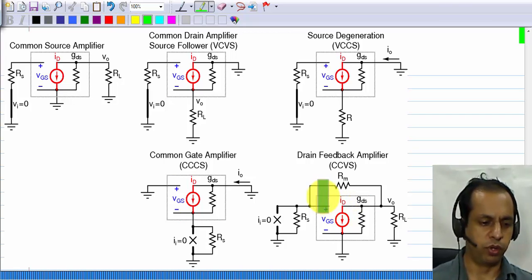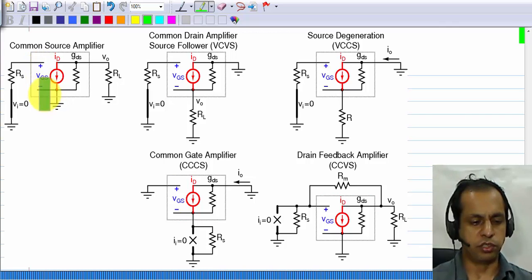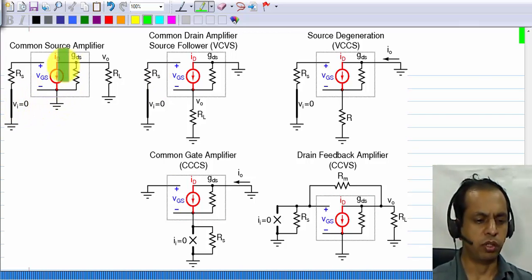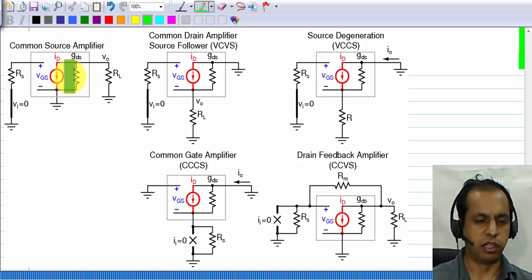So what you do is the following. In these circuits you find VGS. If VGS is not 0, remember in these circuits the only source is this current ID, and if a circuit happens to have more than one independent source, you set all of them to 0. The only independent source remaining should be the one which is substituted in place of the control source within the transistor.